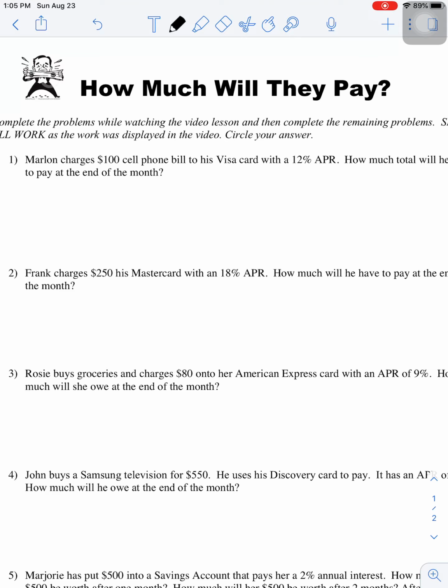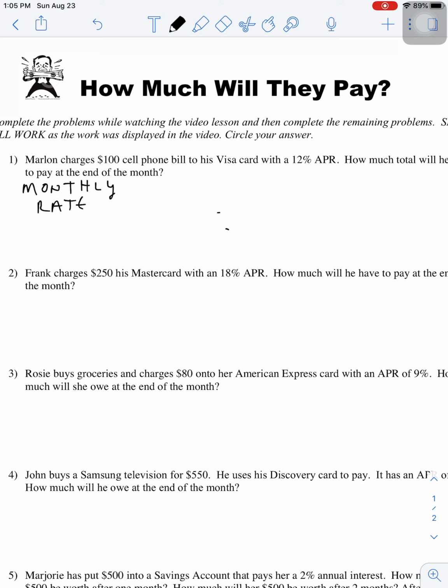How much will he have to pay at the end of the month? Okay, well, before you can start just throwing numbers in there, you've got to get an idea of what the monthly rate is going to be.